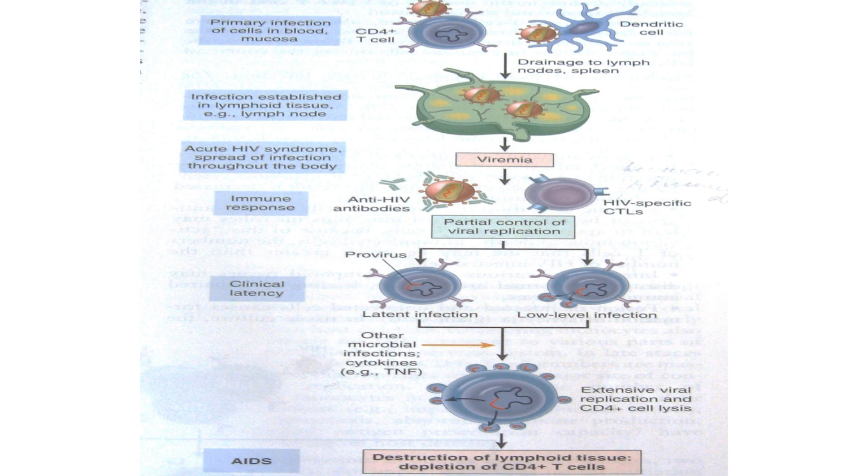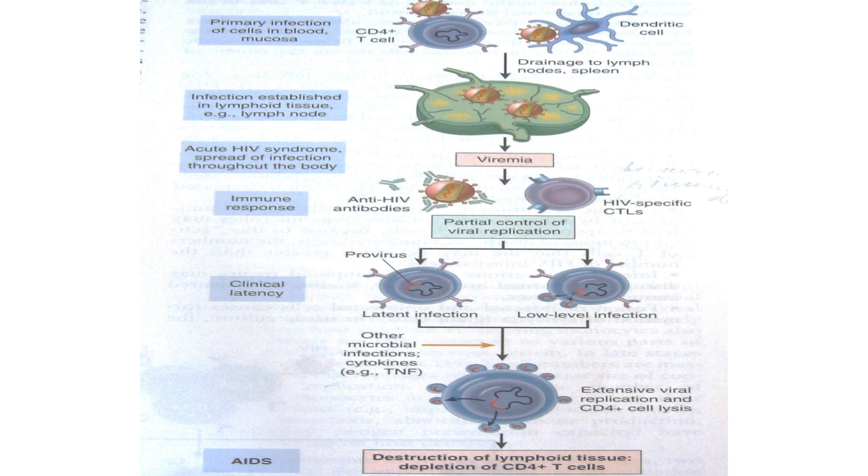The viremia is controlled by the host immune response, and the patient then enters a phase of clinical latency. During this phase, viral replication in both T cells and macrophages continues unabated, but there is some immune containment of the virus.